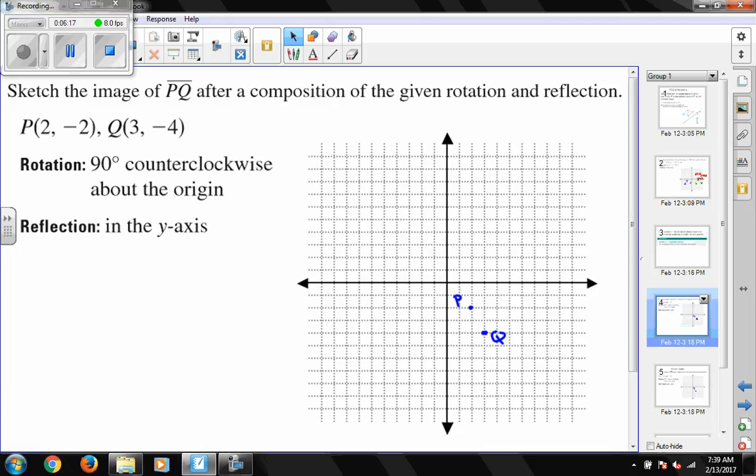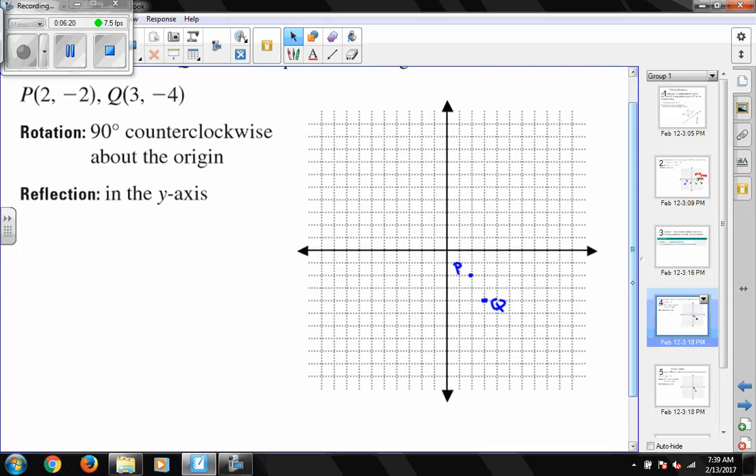If you remember from our section on rotations, if we have a 90-degree rotation about the origin, you change the sign on the y value, flip your x and your y value. So if P is at -2, 2, our P prime will be over here at +2, 2.